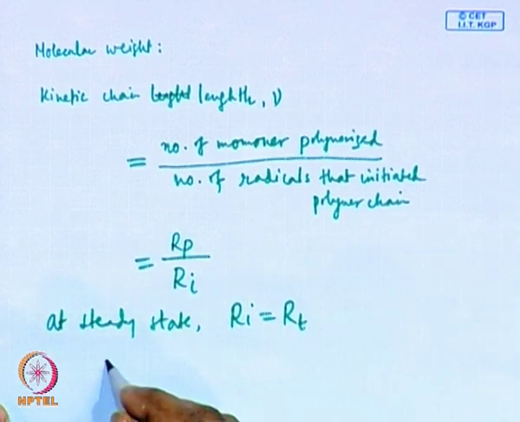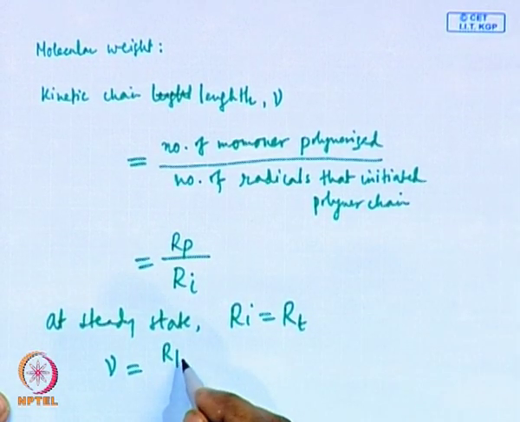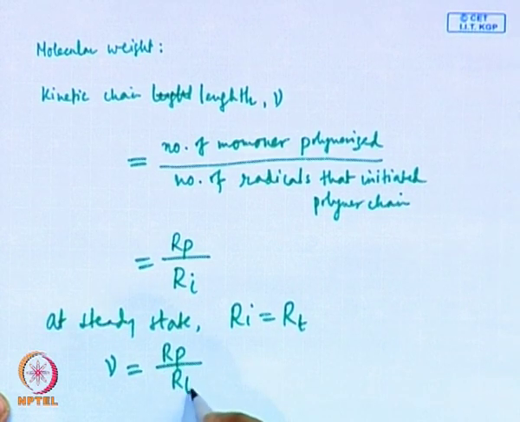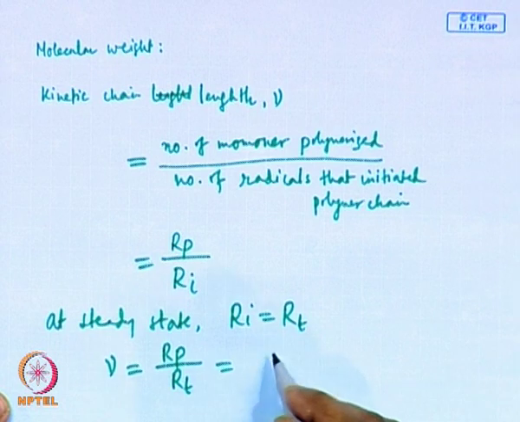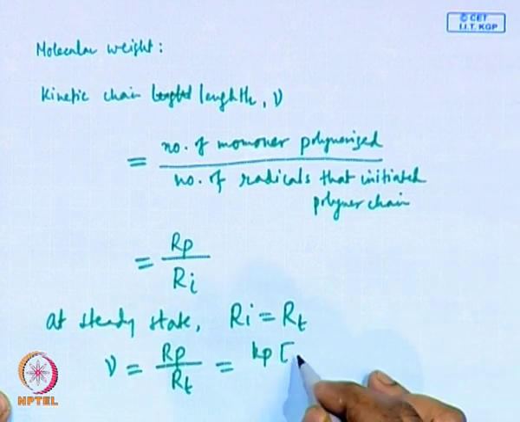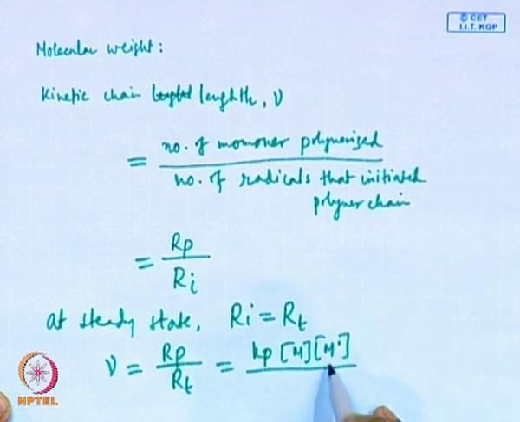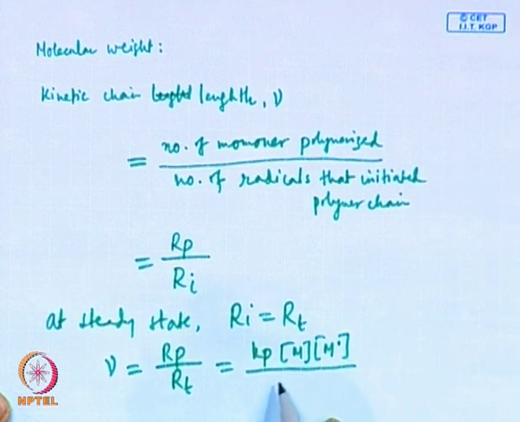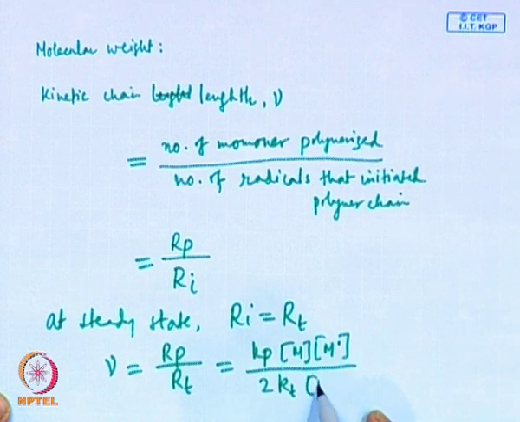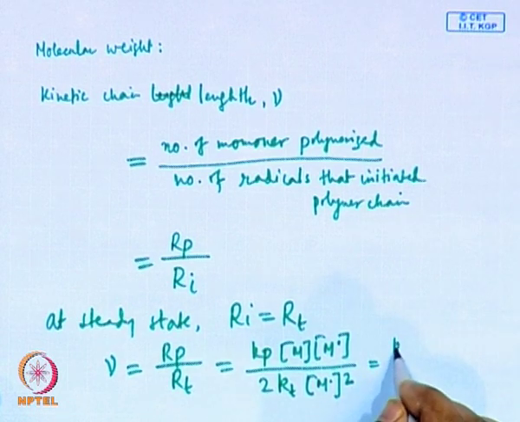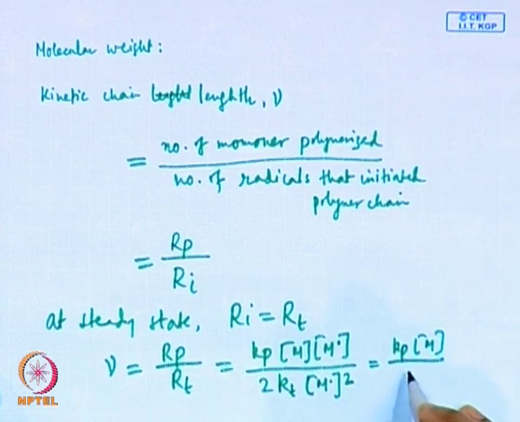So we can write nu as Rp, the rate of polymerization, divided by the rate of termination. The rate of polymerization is given by Kp M dot, where M dot is the concentration of all the radical species present, the summation of the concentrations of all the propagating radicals, and the rate of termination is Kt M dot square.